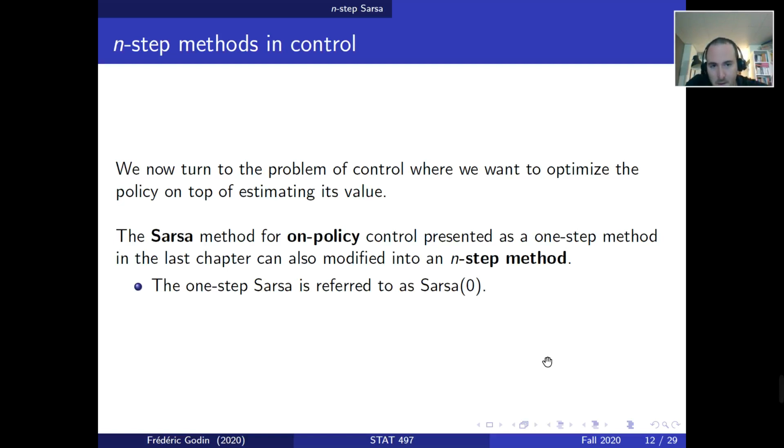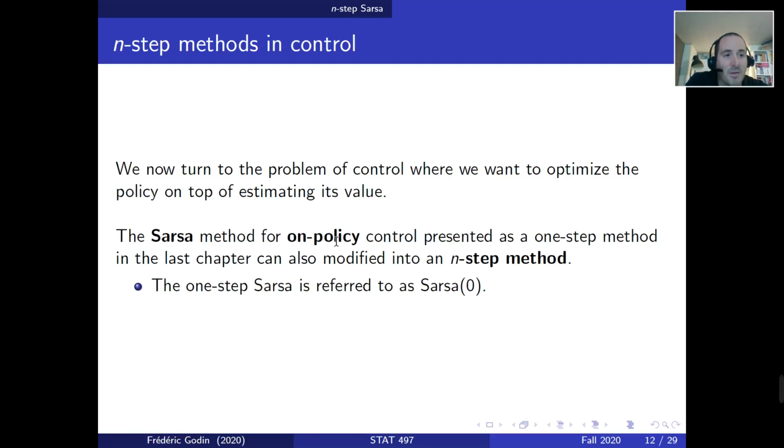We're now going to present some specific cases of the n-step versions of algorithms we've presented in the previous chapter. Here we can present the Sarsa method for on-policy control.